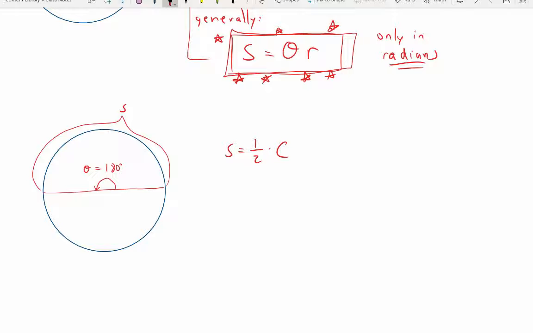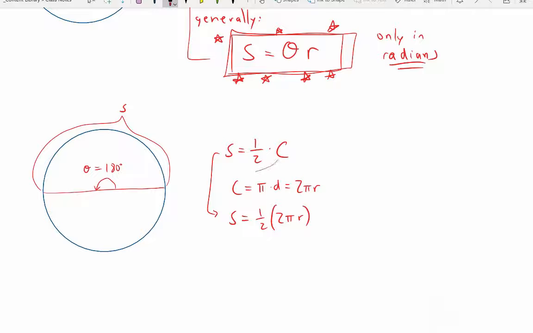But we all remember that the circumference of a circle is equal to pi times the diameter, or the diameter is twice the radius, so maybe you remember it as 2 pi r. So if the arc length is half of the circumference, then this arc length S is equal to half of 2 pi r.